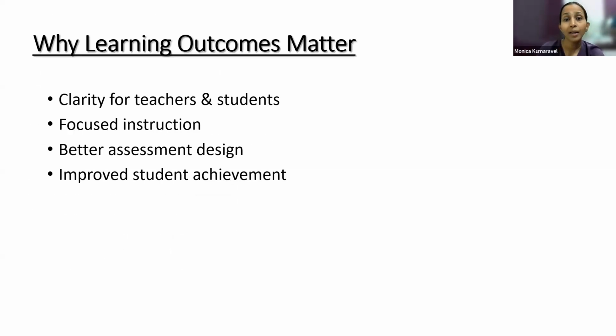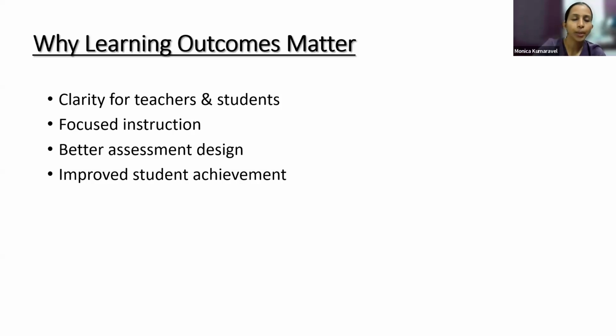First of all, why learning outcomes matter the most. Many times we focus on completing the syllabus, right? But completing the content does not guarantee learning. Learning outcomes shift our focus from what we teach to what students actually learn.